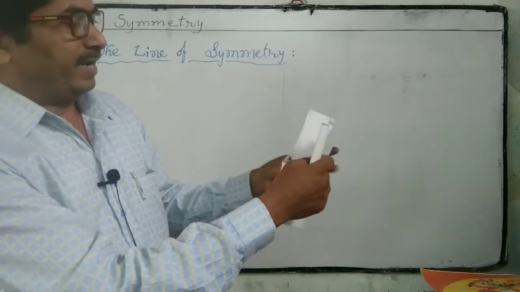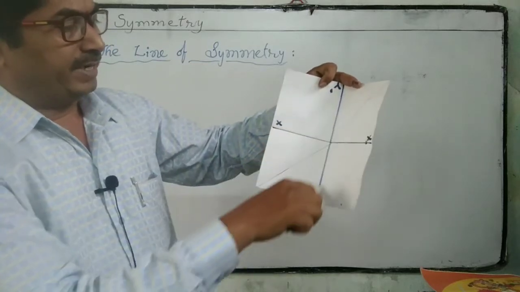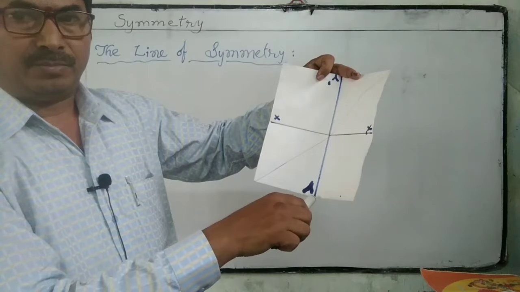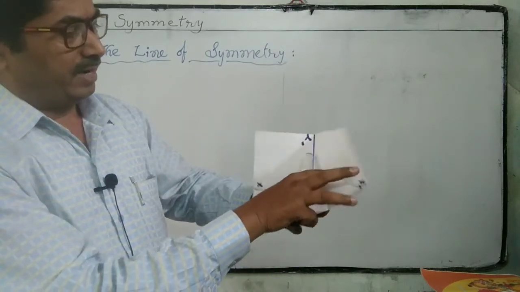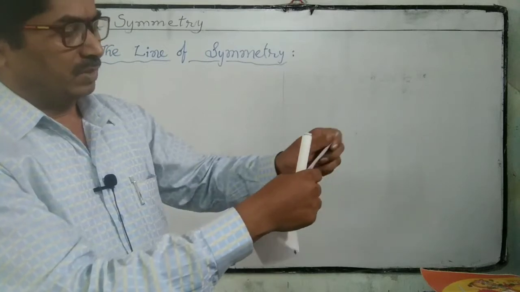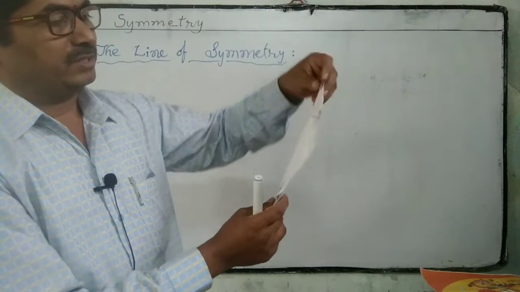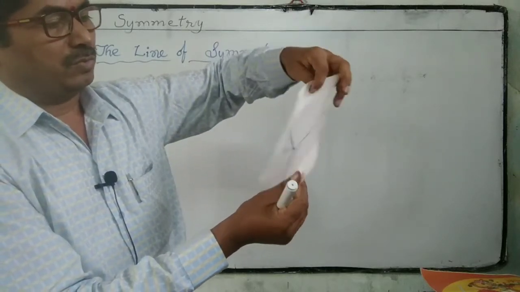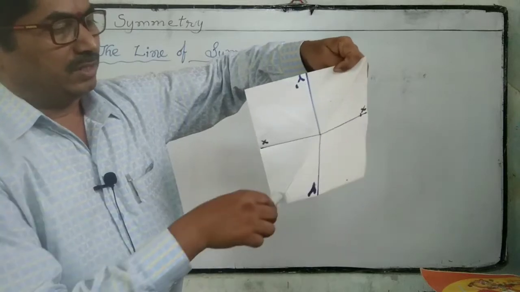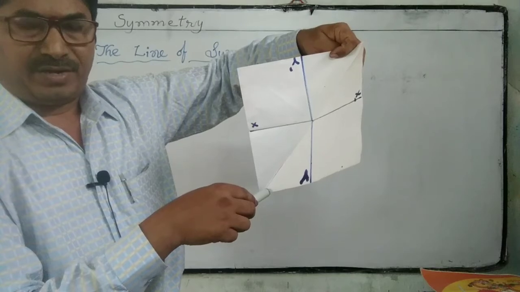If we fold it like this, this is vertical line of symmetry. If we fold it like this, in this case also, all parts coincide exactly. So it is diagonal line of symmetry.